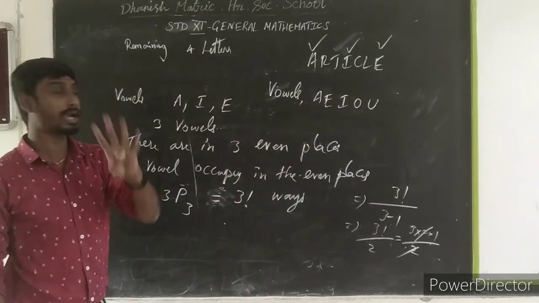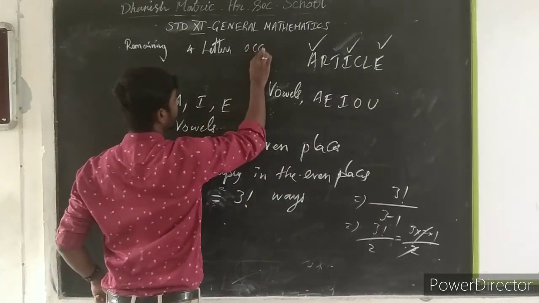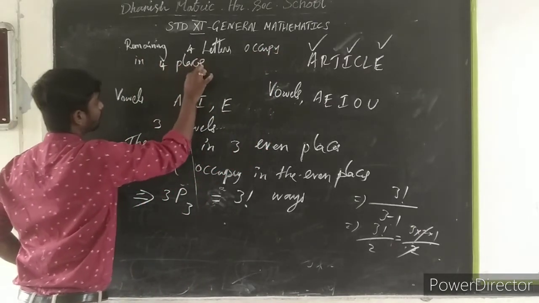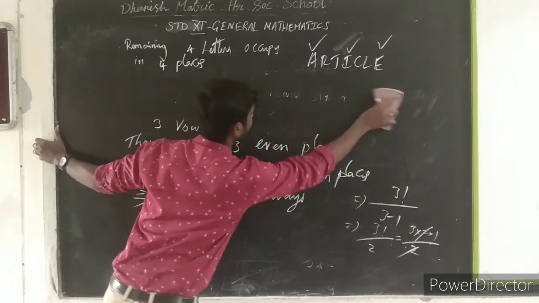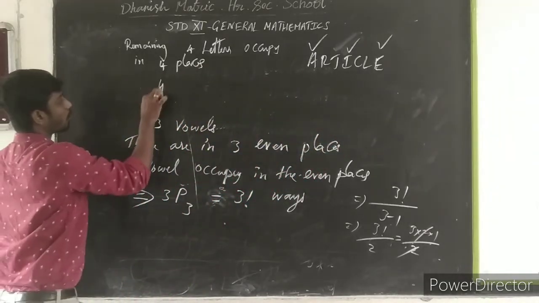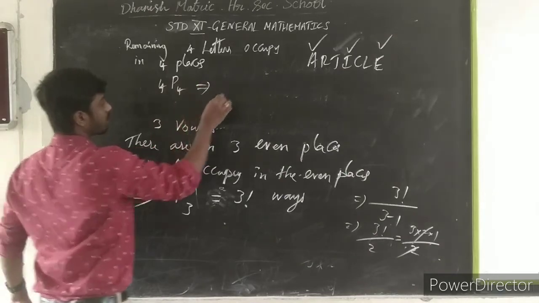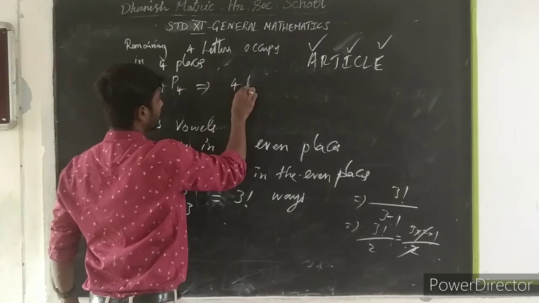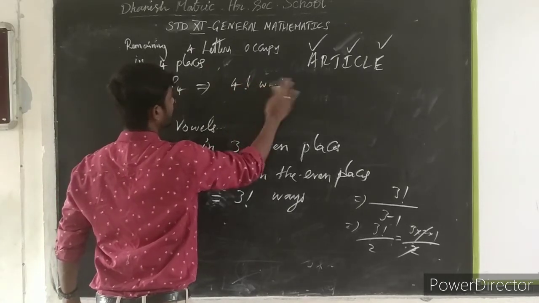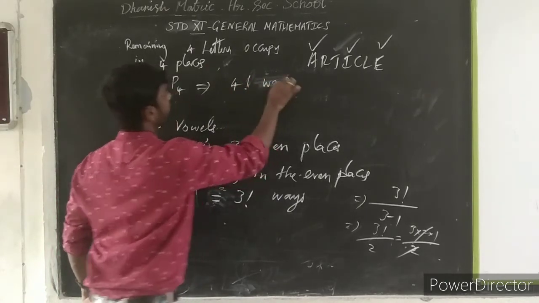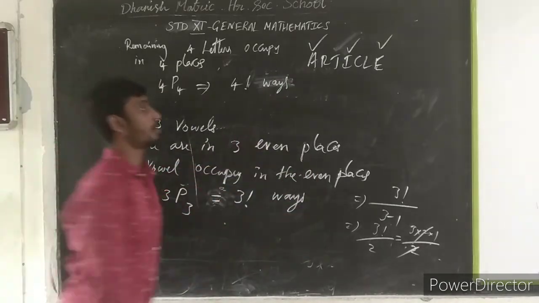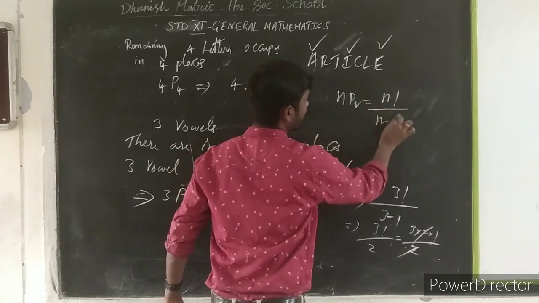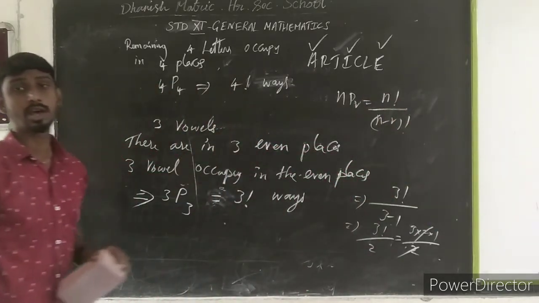These 4 letters occupy 4 places. You write 4 P 4, which is simply 4 factorial ways. Substituting the nPr formula, n factorial divided by n minus r factorial, you still get 4 factorial.